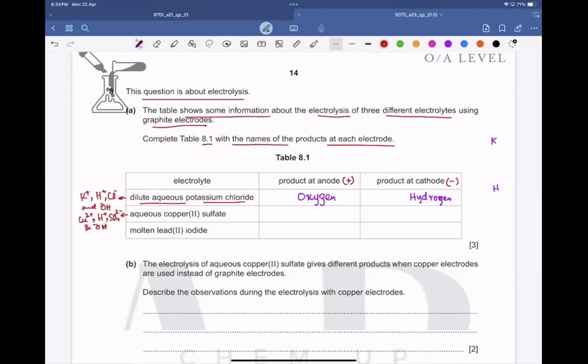Sulfate ion isn't attracted towards the anode, and when the hydroxide ion oxidizes at the anode, it will again form oxygen. So in both cases, the negative ion is hydroxide, and the positive ion at the cathode is hydrogen. And here at the cathode, what are we going to get? Very good, copper, because copper is below hydrogen. So the copper ion is going to reduce at the cathode, forming copper metal. Is this understandable to all of you?